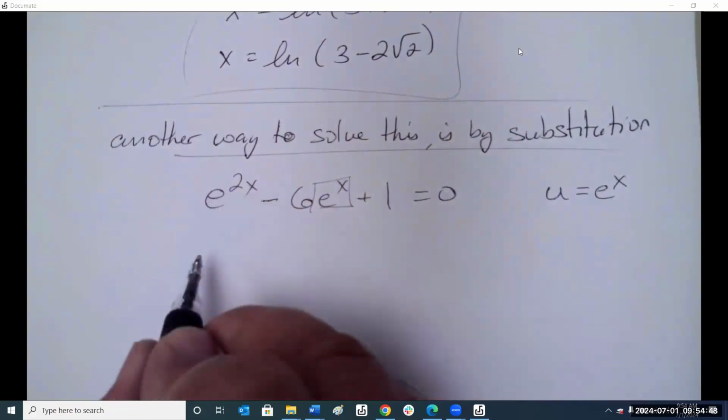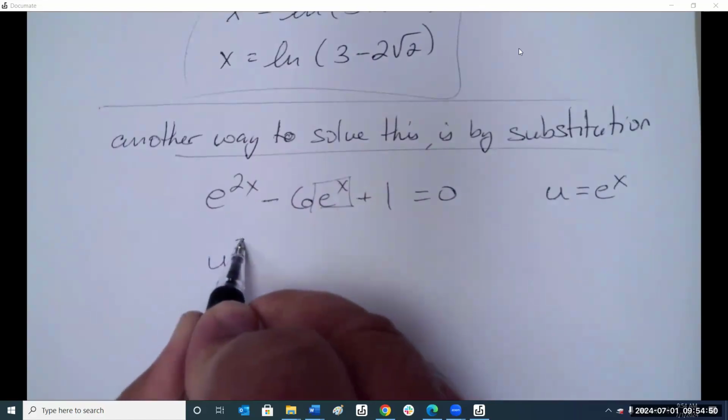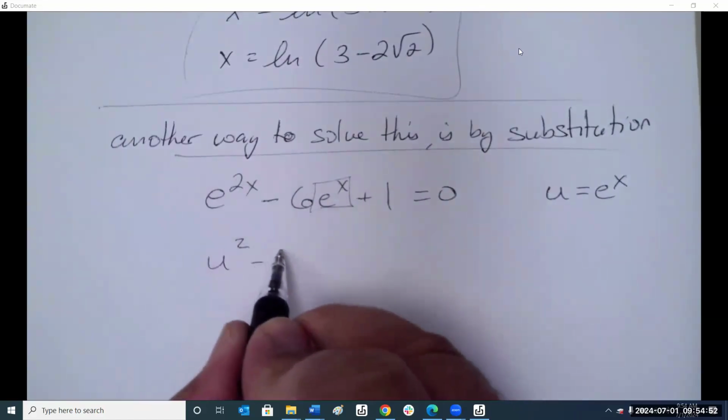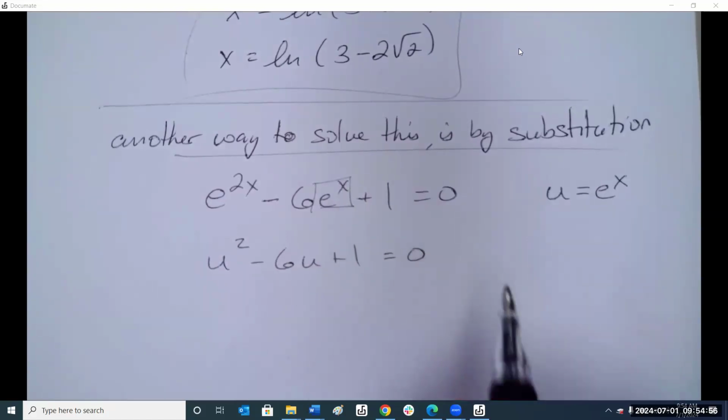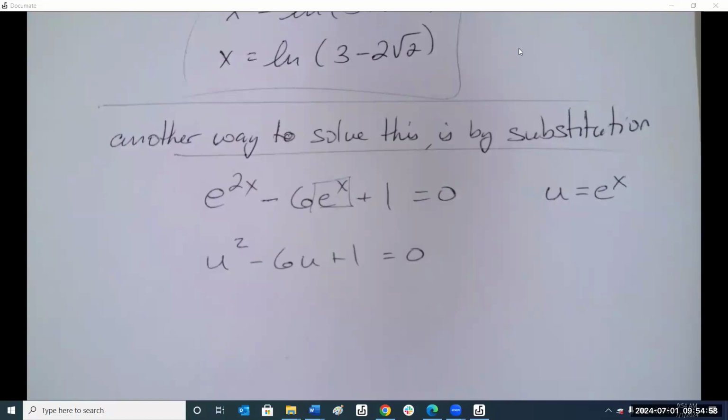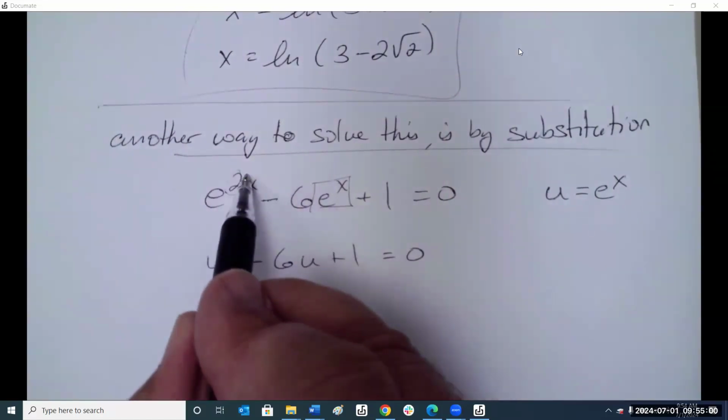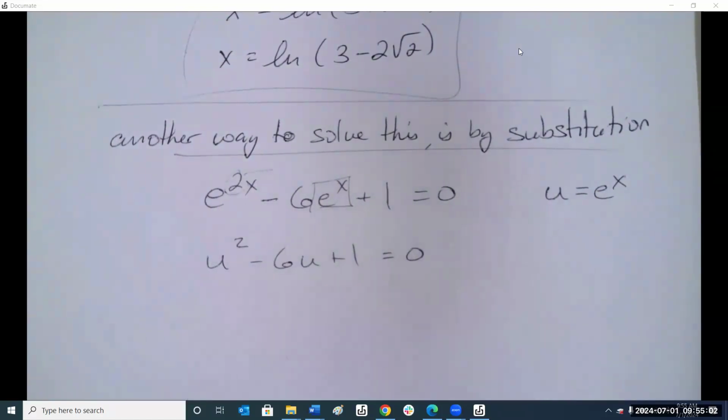So we would have u squared minus 6u plus 1, because that 2 becomes a power.